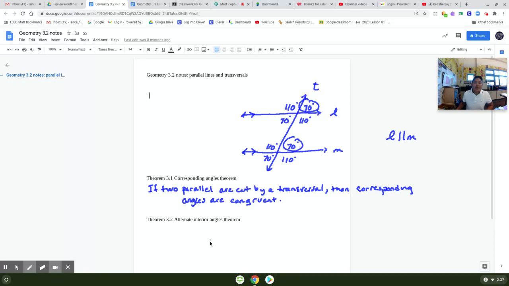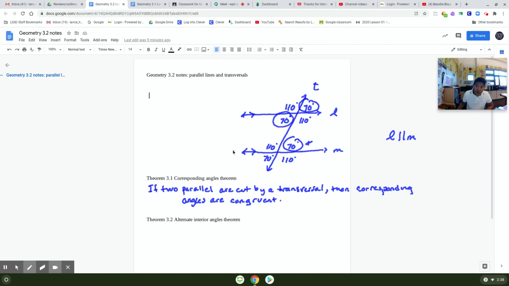And then if I look at a pair of alternate interior angles in the diagram, okay, has to be between lines L and M. Everything in here, without actually shading it, are the interior angles. But this 70-degree angle right here is alternate interior with this 70-degree angle.